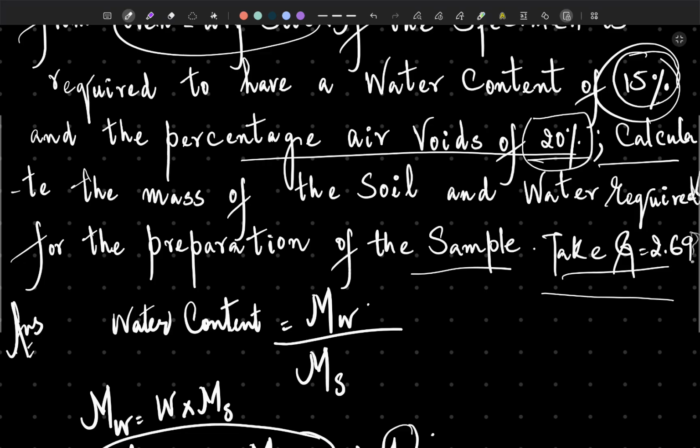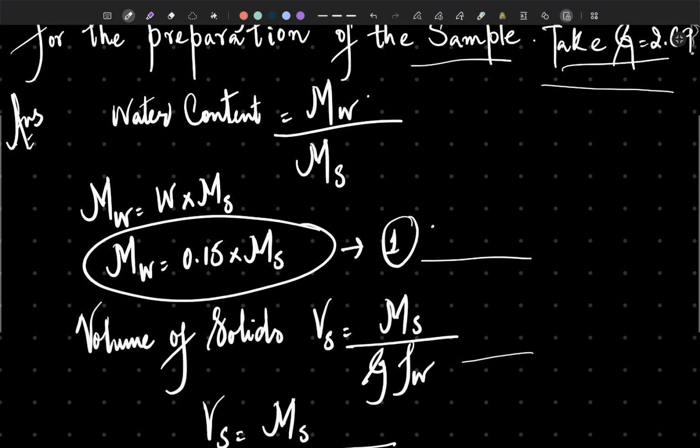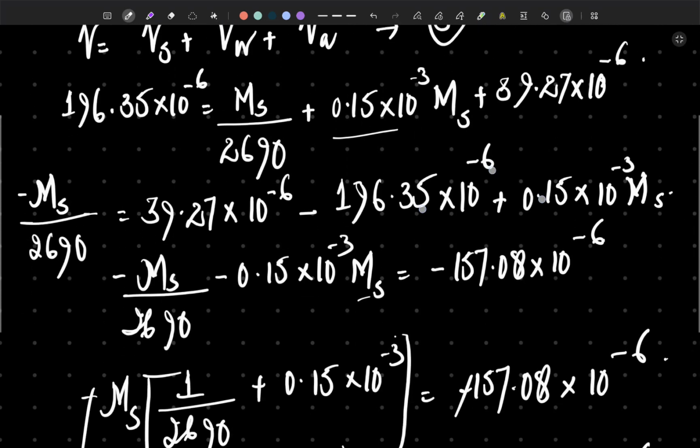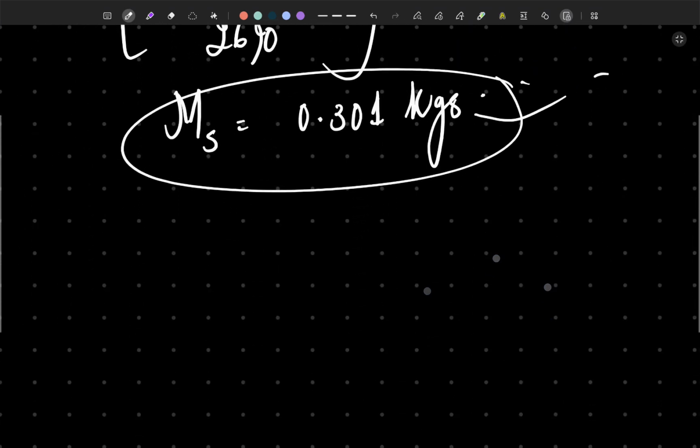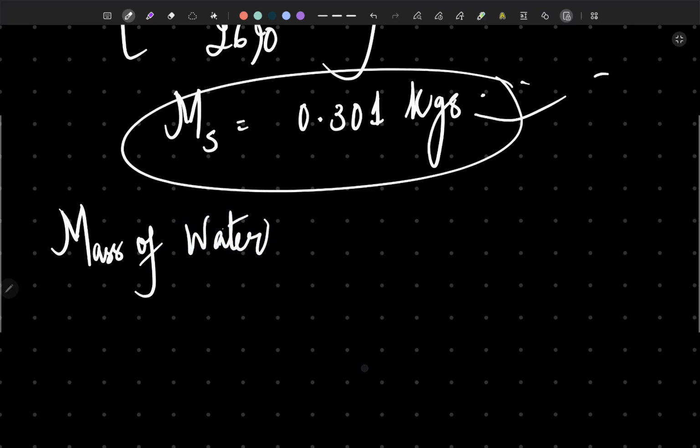The first thing we have calculated. Now mass of water: how much water will be required to prepare this cylindrical soil specimen as per the data given in the question.